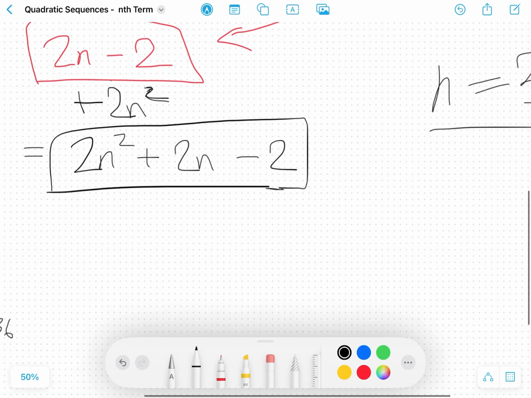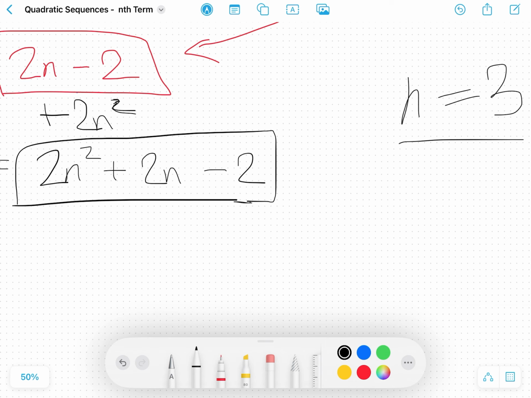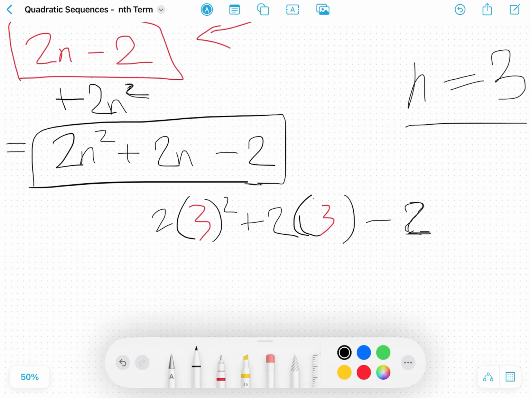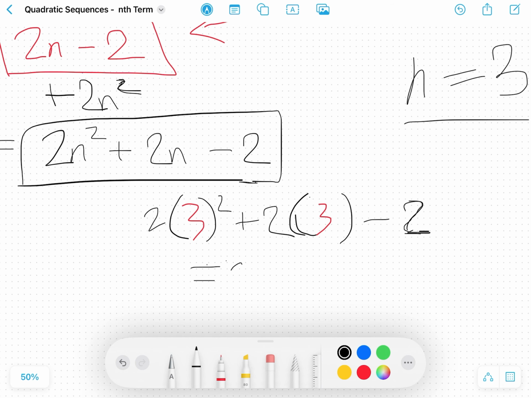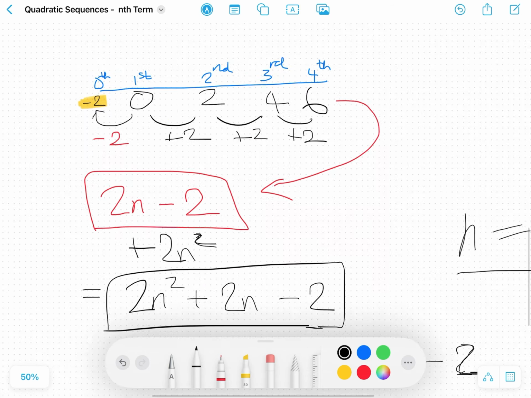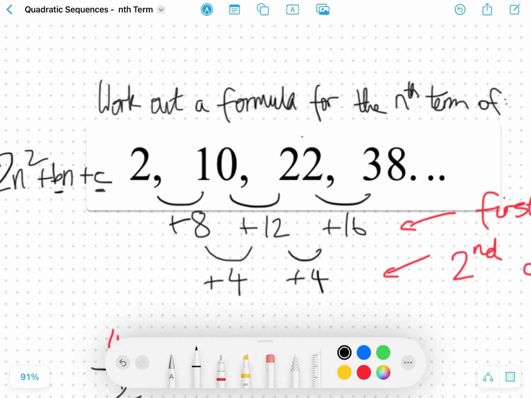If you substitute in n equals 3, you get 2 times 3 squared plus 2 times 3 minus 2, which if you calculate it is indeed equal to 22. You should also check it for a few more terms in the exam, just to ensure that it works for all of them. You'll see that 2n squared plus 2n minus 2 does indeed give us the nth term for this sequence.